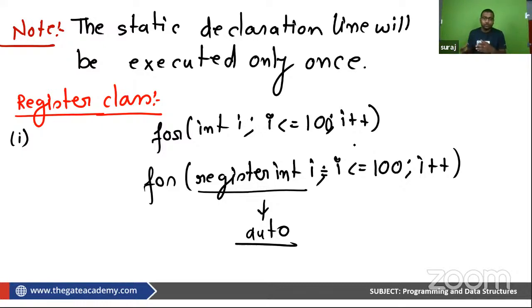Since we can't get the address, whether the compiler discarded it as a register or not, you will not get it. Even if the compiler did not give it storage in a register, you will not get the address of this variable. It generally varies from compiler to compiler.